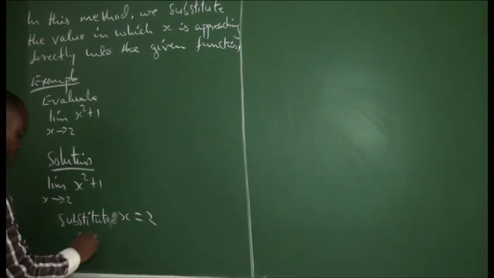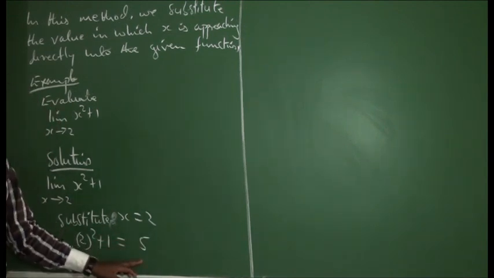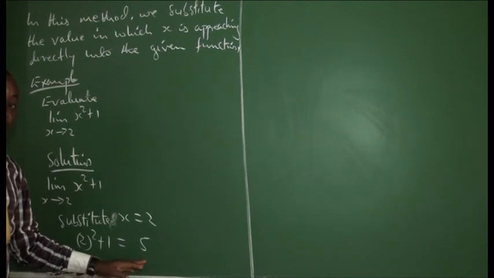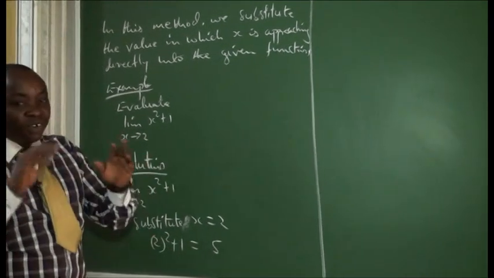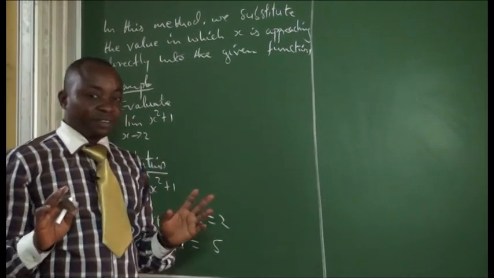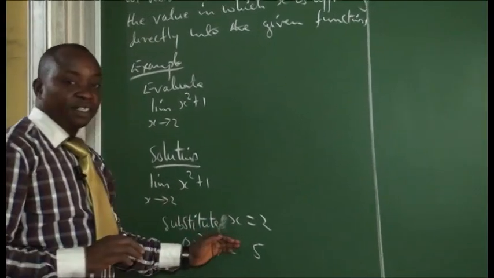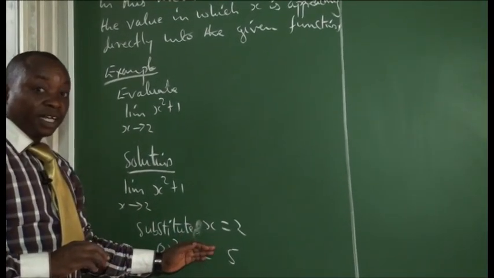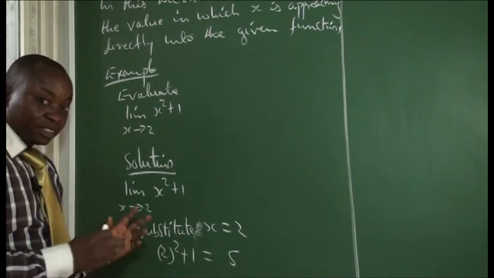We'll have 2 squared plus 1, which is 5. And this was the limit that we had when we used the tabular approach. But assuming you did not know about the tabular approach, you only know the substitution approach, and you were told that when you have a function and want to take the limit, you substitute.